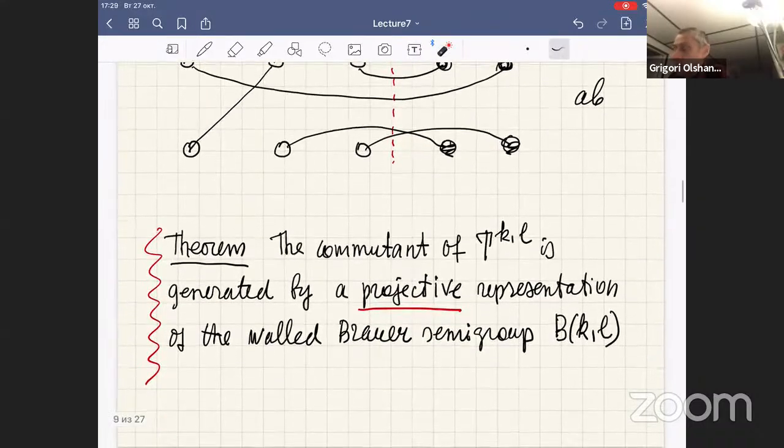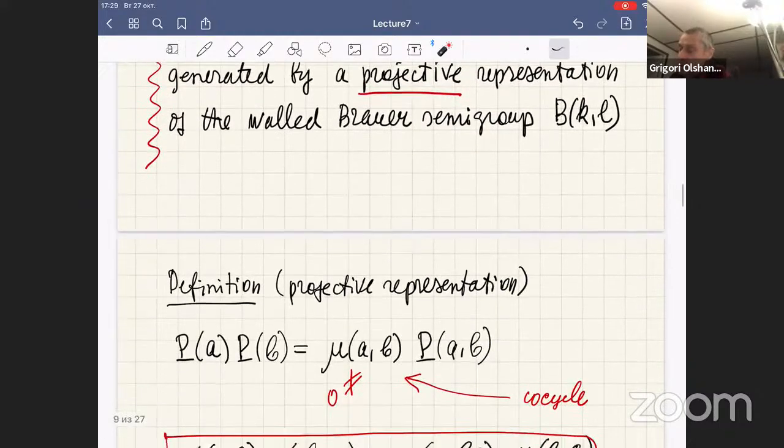And now the theorem, which says the following: the commutant of our representation in the mixed tensor space is generated by a certain projective representation of a Wald-Brouwer semigroup. I have to explain what a projective representation means. It's not an ordinary representation, but a projective representation.